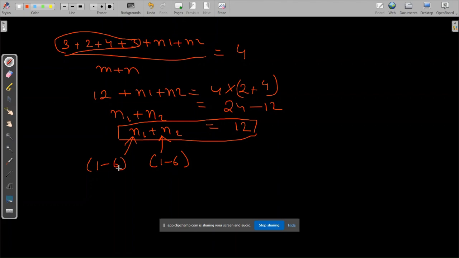I can give any number from 1 to 6 to each so that the sum becomes 12. So what is the minimum sum that I can get? The minimum is 2, taking both as ones. And what is the maximum? The maximum is 12.